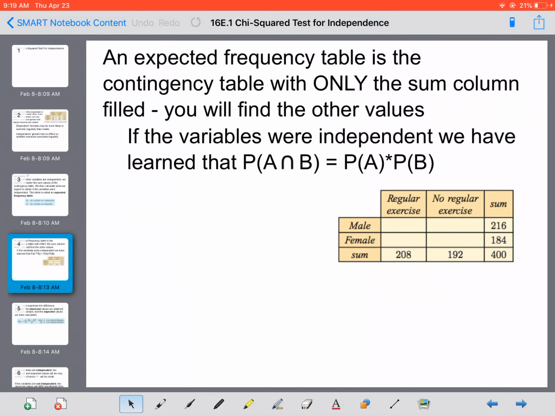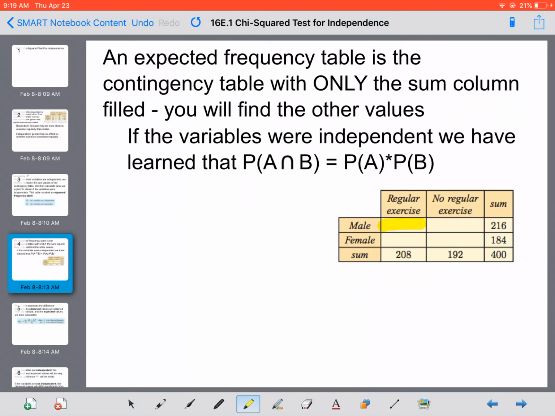Okay, so how do we get this expected frequency table? Well, you're basically finding the probability that, for example, for this area right here, these were independent of each other for a male to regularly exercise.